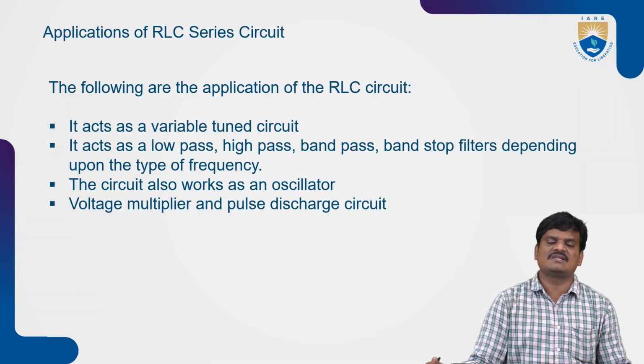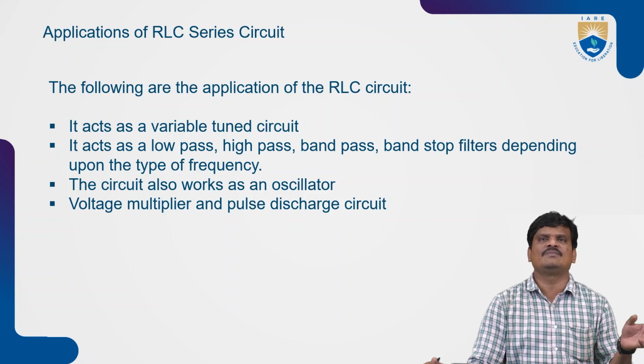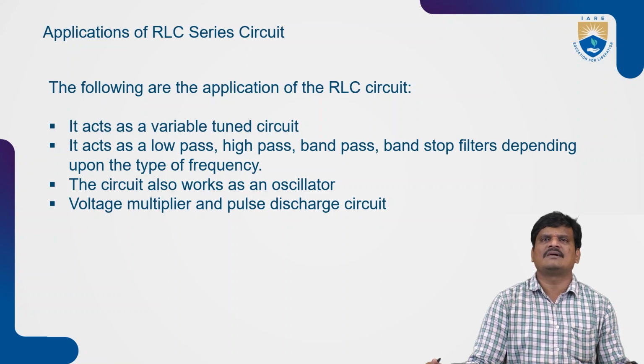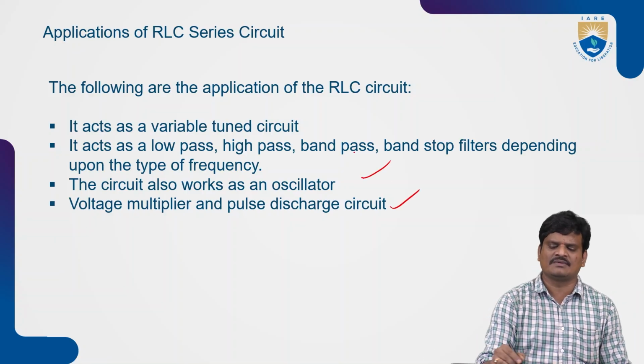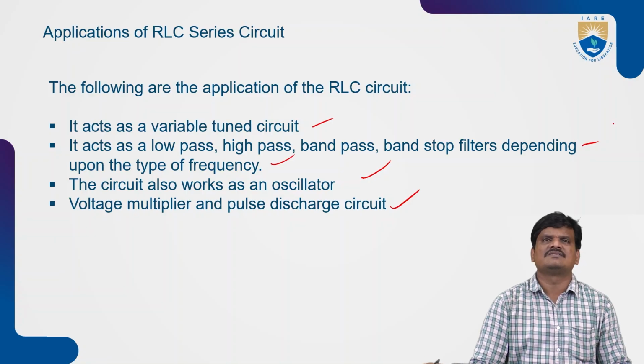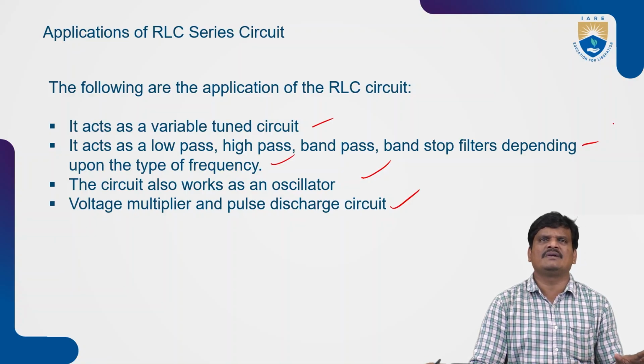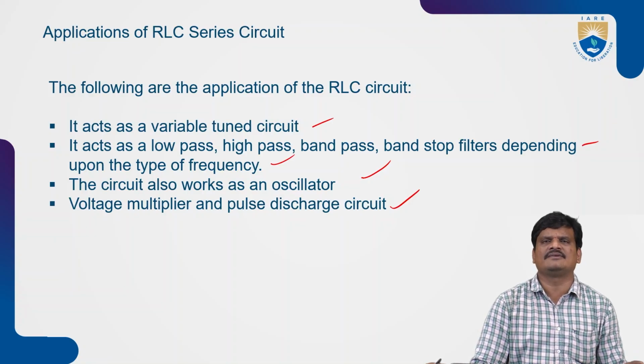Sometimes the same series RLC circuit can also be used as an oscillator, a voltage multiplier, or a pulse discharge circuit. So these are the different applications of a series RLC circuit.